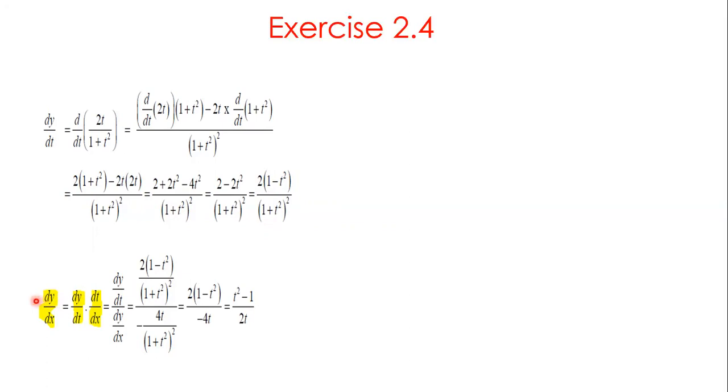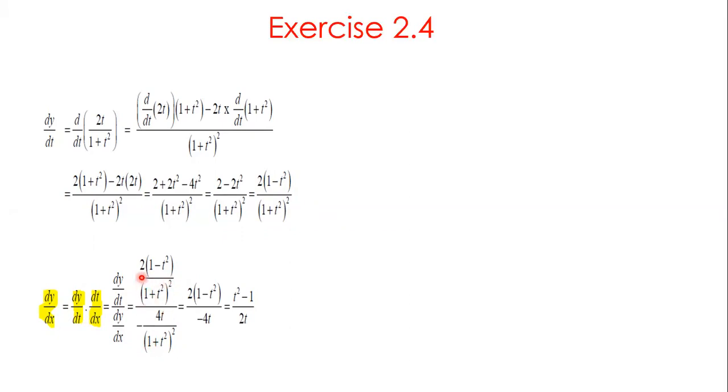Here, with x and y, the third variable is t, so the chain rule will be dy by dx is equal to dy by dt into dt by dx. Replace the value of dy by dt, that is 2(1 minus t square) over (1 plus t square) whole square, and dt by dx is minus 4t over (1 plus t square) whole square. This (1 plus t square) whole square cancels out with that (1 plus t square) whole square.